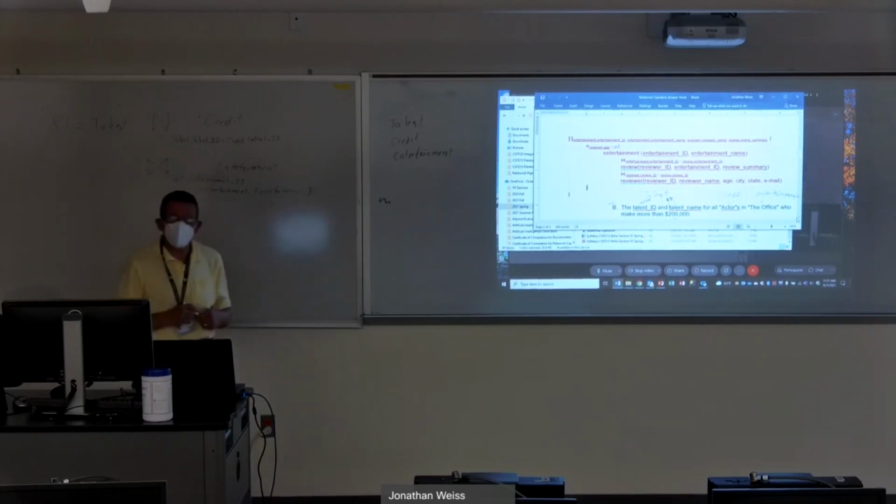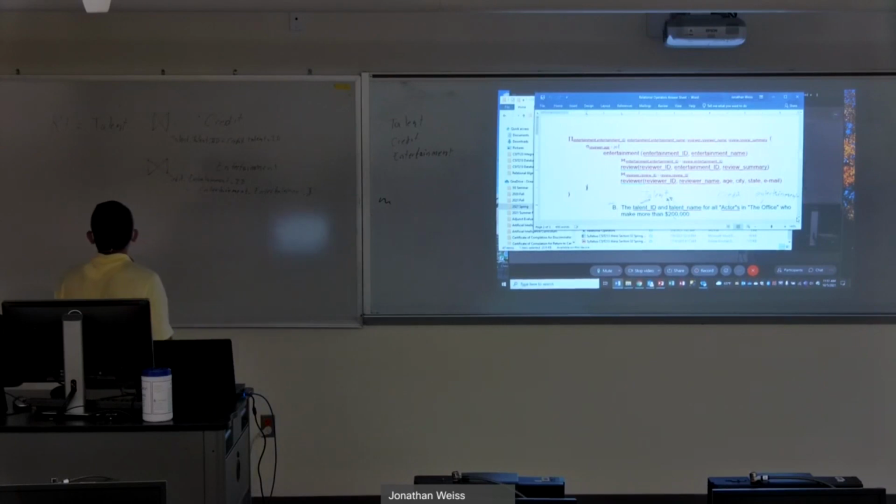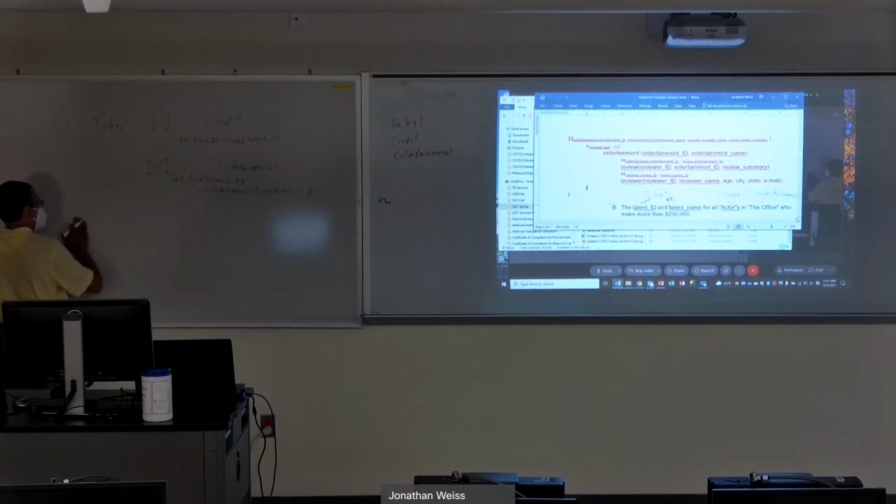Now we've got to do our select. We've got to figure out what our select is. So we're going to select from R1, and we need a predicate that tells what we're going to select from R1.